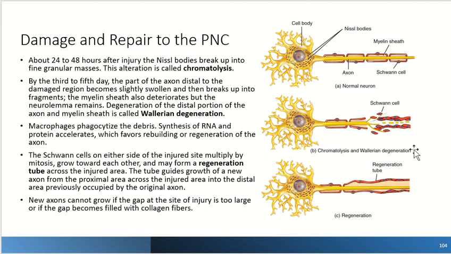So if it can't span that gap, or if the gap becomes filled with collagen fibers and scar tissue forms, that would hinder any sort of repair to the peripheral nervous system nerves. So those are our 3 steps: our chromatolysis, our Wallerian degradation, and then the formation of that regeneration tube. And that is how we repair damage to the peripheral nervous system.